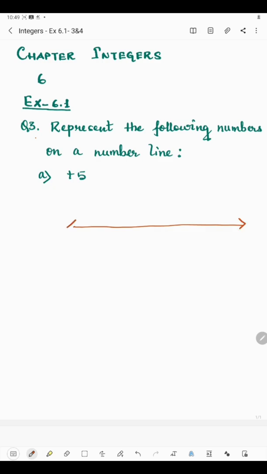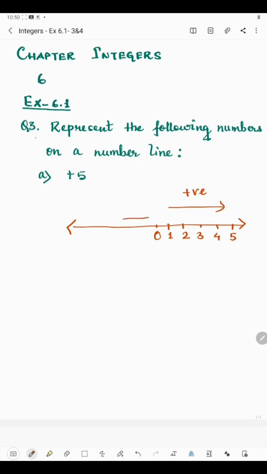See, this is a number line where we put 0 at the center. The right side of 0 is all positive integers, so 1, 2, 3, 4, 5 and so on, and we will mark the numbers at equal distance, okay?